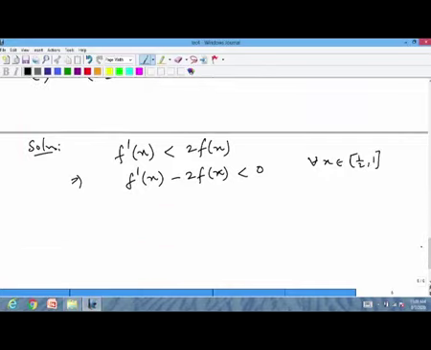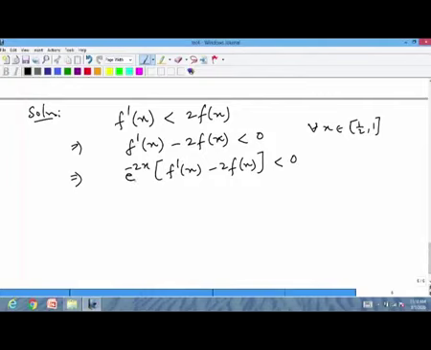Now, what we can do is multiply this by e to the power minus 2x. So, e to the minus 2x times f prime x minus 2 f x. We know that exponential is always positive, so this will also be less than 0.